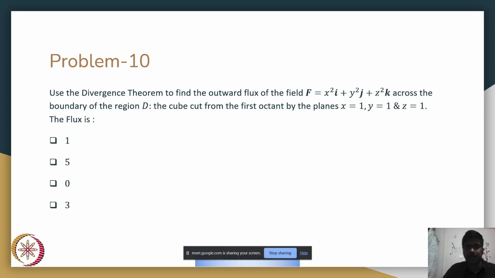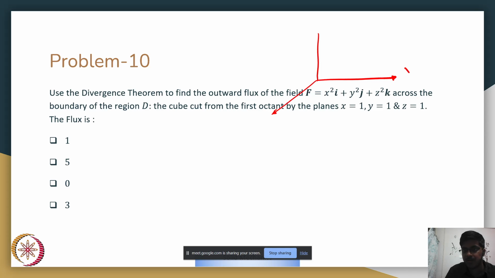And finally, this is the last problem for the day. You have to use the divergence theorem to find the outward flux of this particular vector field F across the boundary of the region D, cut from the first octant by the planes x equal to 1, y equal to 1, z equal to 1.